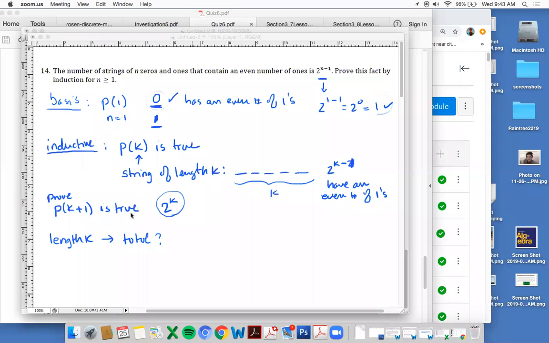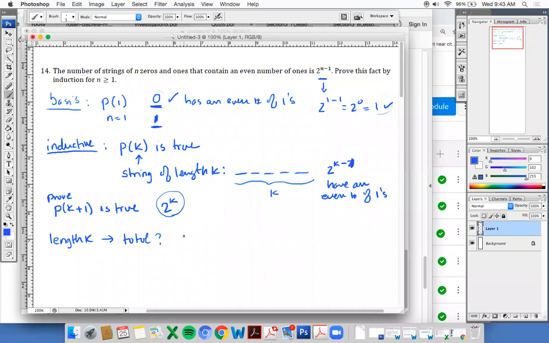Okay. All right, so that question was, for a string of length k, how many options are there in total? How many different ones are there in total? Anyone? Good.